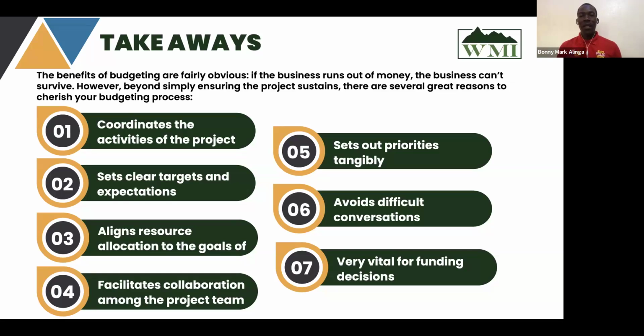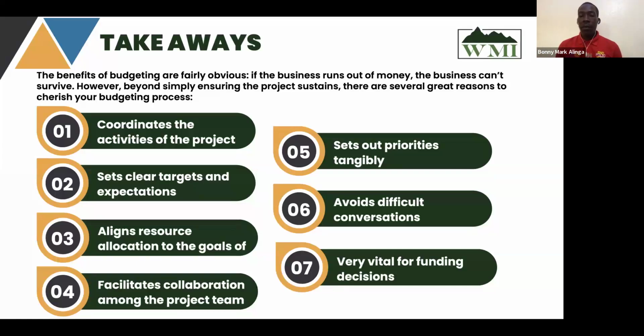When you have a budget, it controls everything. Yes, you have A, B, C, D, but every activity within your project is controlled by the budget because it facilitates collaboration between departments. You're doing A, B, C, you're doing B, C wants this, the other one wants this, so you have that collaboration taking place.